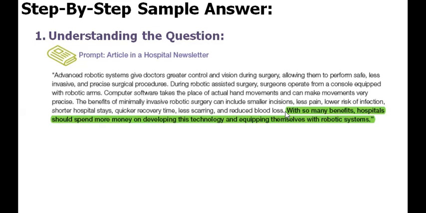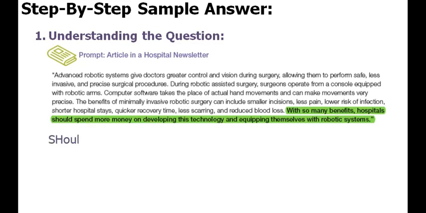Now let's see what the question is really asking us to write. With so many benefits, hospitals should spend more money on developing this technology and equipping themselves with robotic systems. Because this is really a statement, not a question, let's try to make this into a yes or no question. Look at the auxiliary verb from the statement, and we're going to start our yes and no question with that.